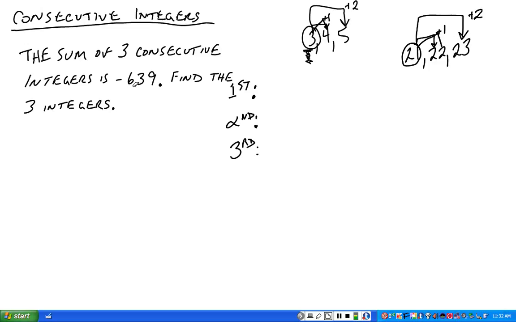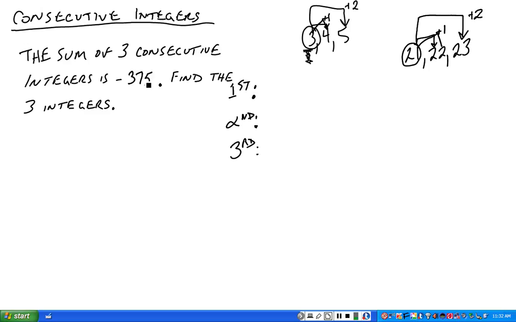So instead of negative 639, let's go with negative 375.